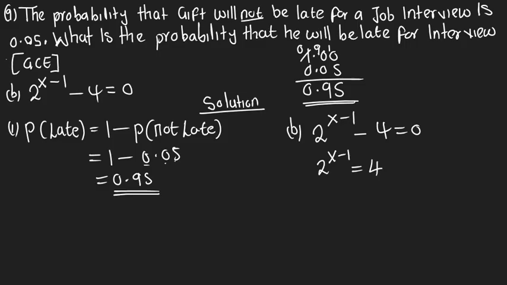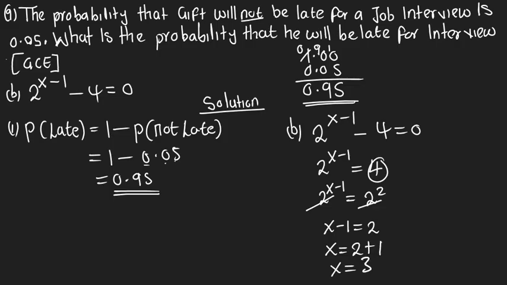Then when you take it to the other side, you think 4 can also be written as 2 to the power 2. Then this and this can cancel because they are the same base. So that you have x minus 1 is equal to 2. Then x is equal to 2 plus 1. X is equal to 3. Simple.